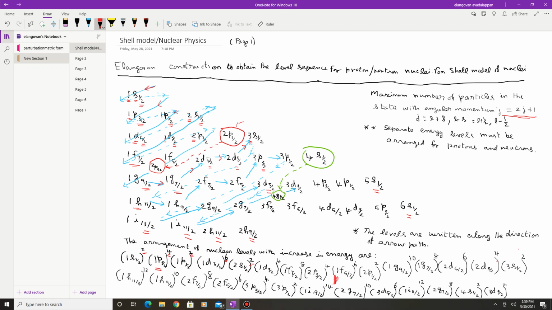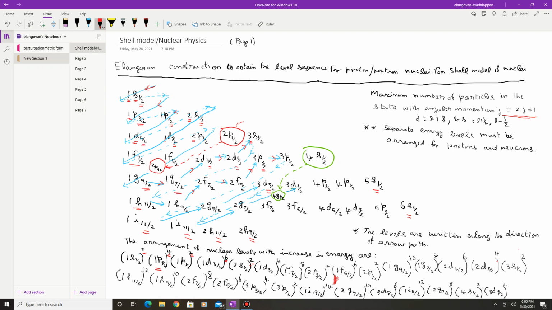So this is the way the level sequences are arranged. And after this, 1h 11 by 2, 1h 9 by 2, and 2f 7 by 2, and here 2f 5 by 2, then 2p 3 by 2, 2p 1 by 2.